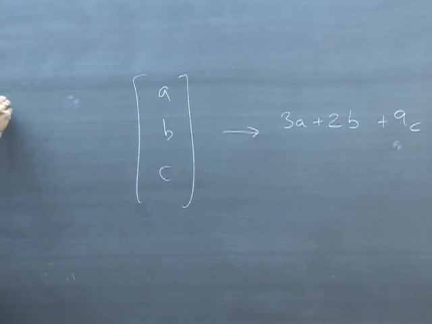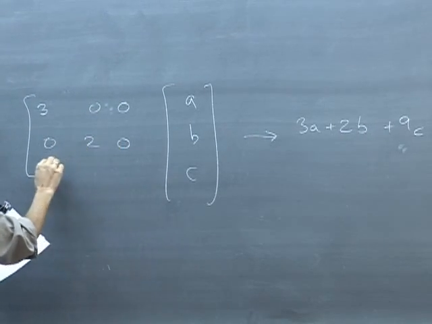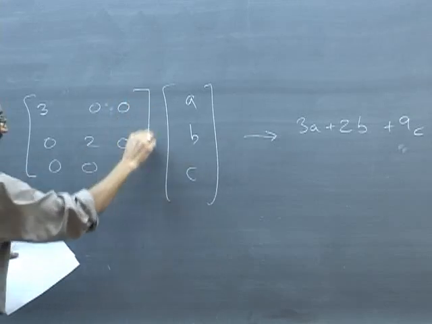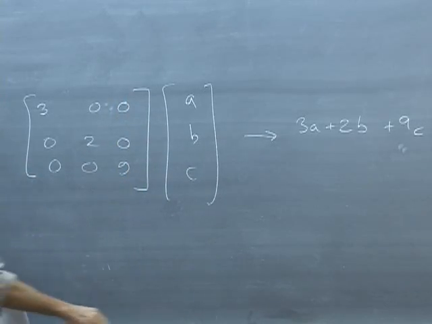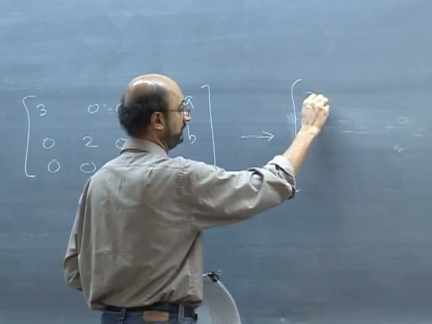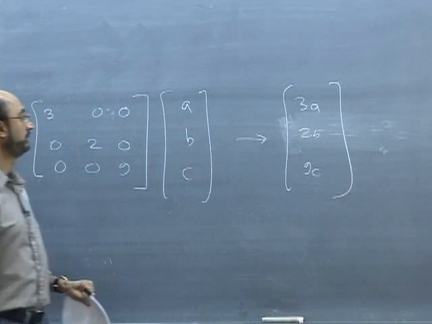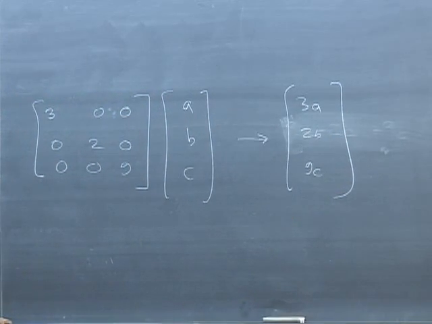If you use this matrix, 3, 0, 0, 0, 2, 0, 0, 0, 9, we see that we get the effect that we want.